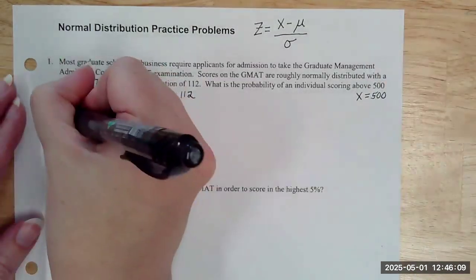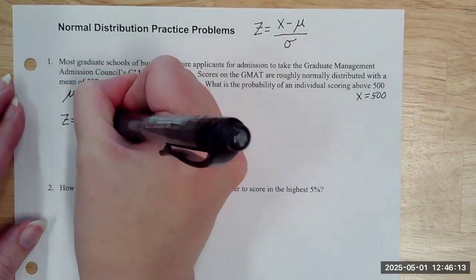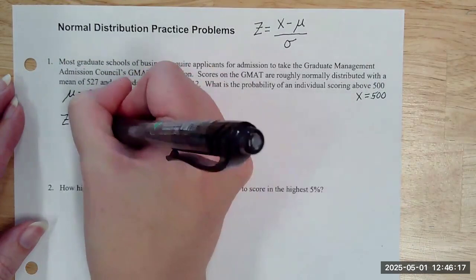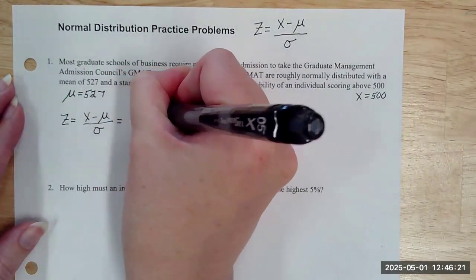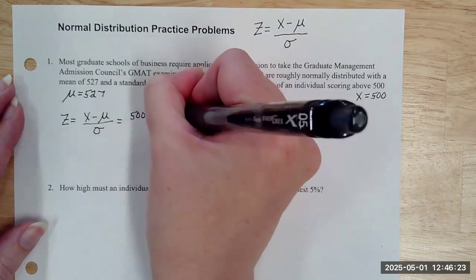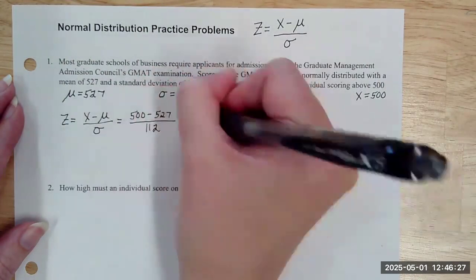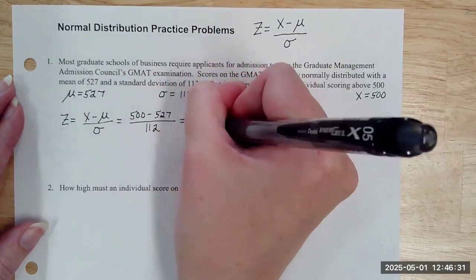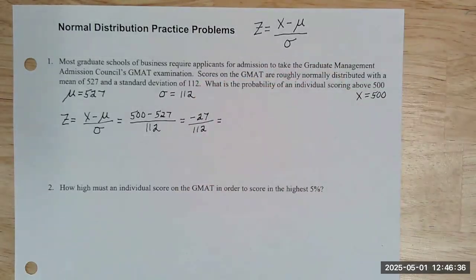So my z-score is x minus the mean divided by the standard deviation. We have all three of those things now. So I know it's going to be a negative z-score.